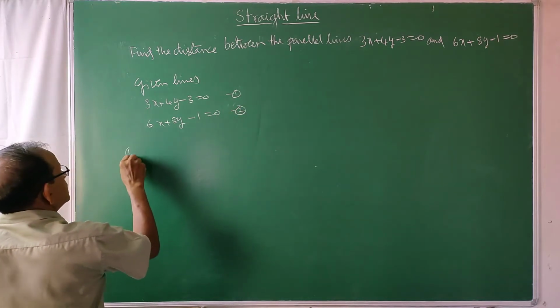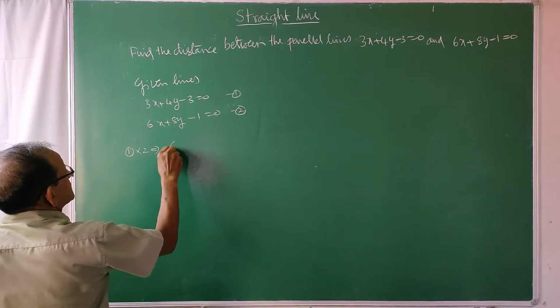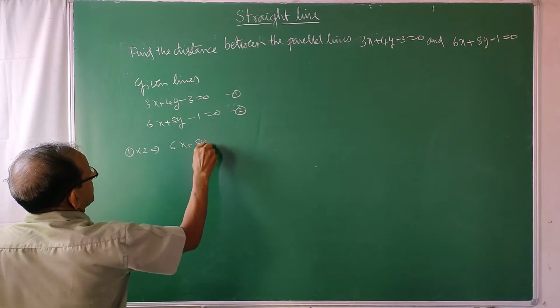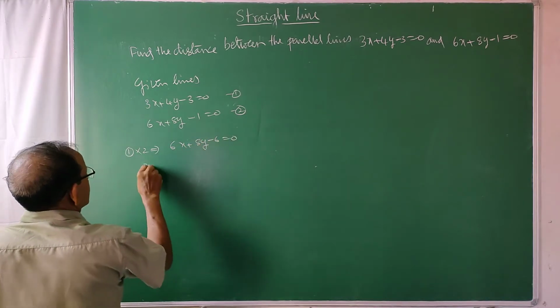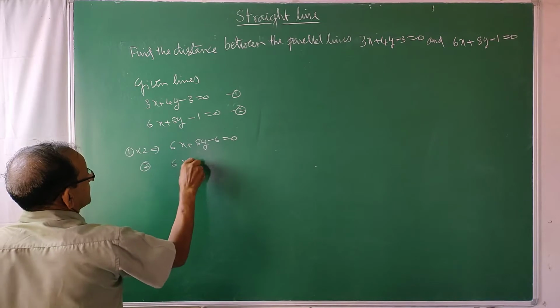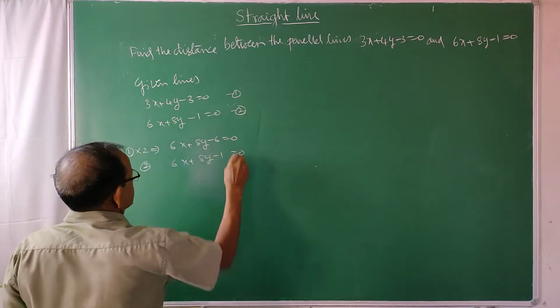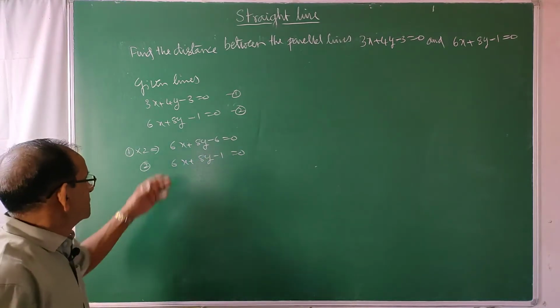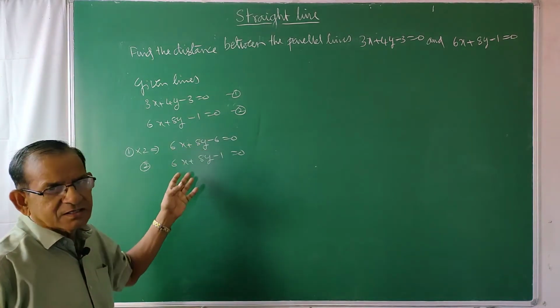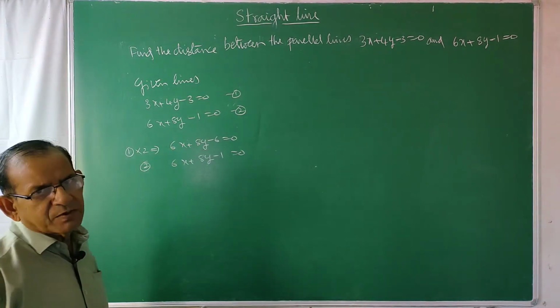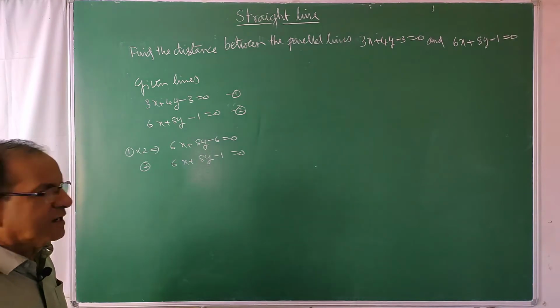So that gives 6x plus 8y minus 6 is equal to 0, and the second one is 6x plus 8y minus 1 is equal to 0. Now coefficients A and B are the same for both the lines. Now you can apply the formula for the distance between parallel lines.